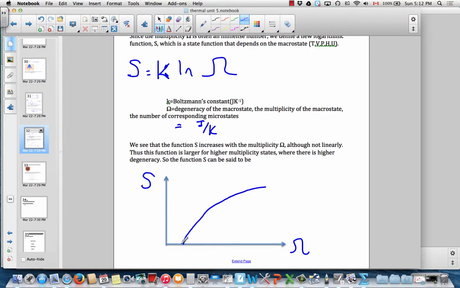Now, as a natural log of the degeneracy omega, S increases in proportion to omega, which means that given that the most likely state is the state with the highest omega, it's also the state with the highest S. So S is likely to reach its largest value when the system is at equilibrium. We'll say more about this S function in our next class.